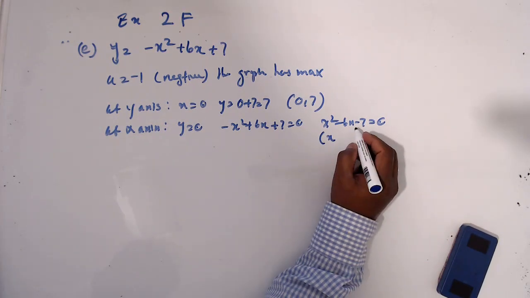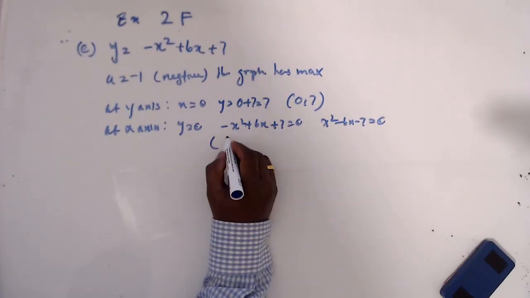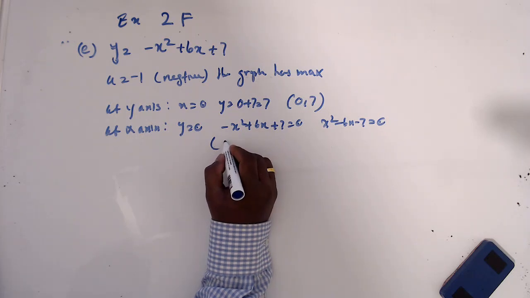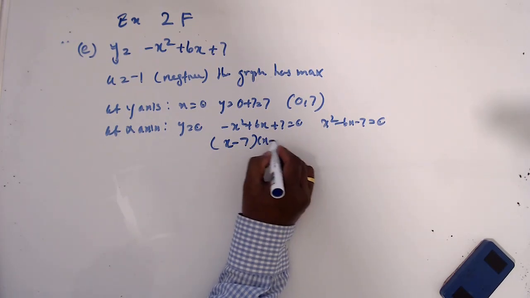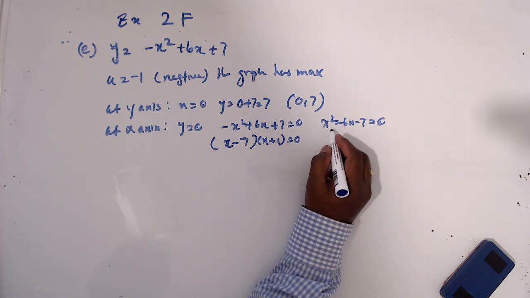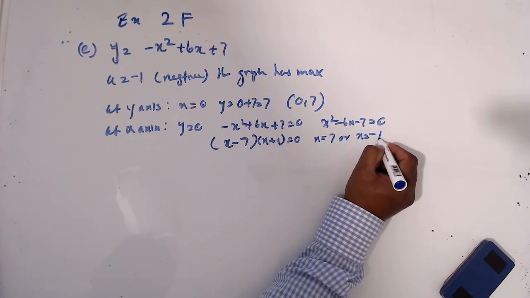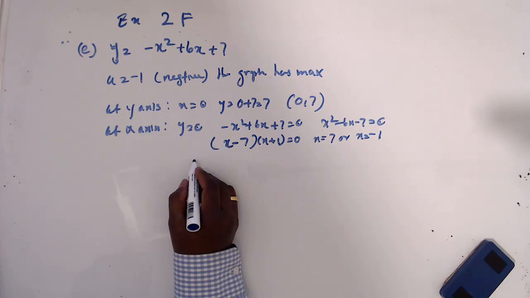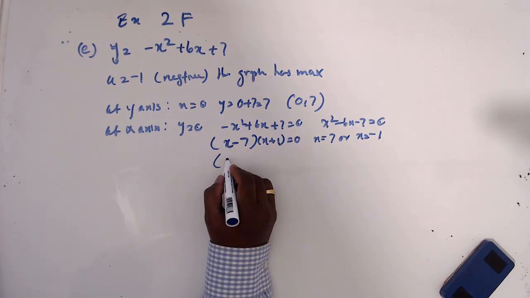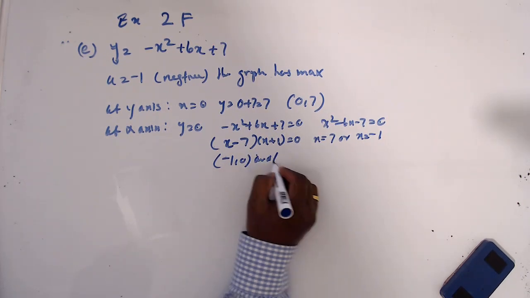x minus 7, so the coordinates are minus 1, 0 and 7, 0.